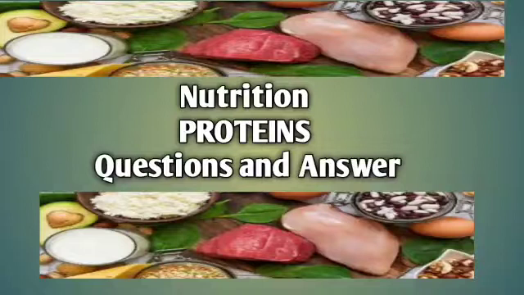Types: kwashiorkor, pure protein deficiency. Marasmus, overall energy deficiency.